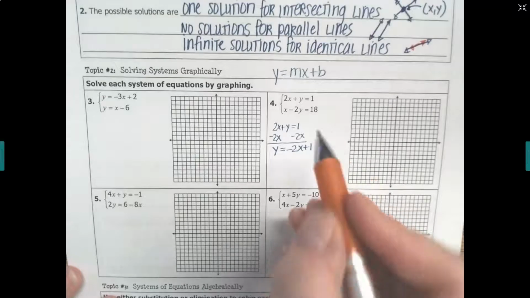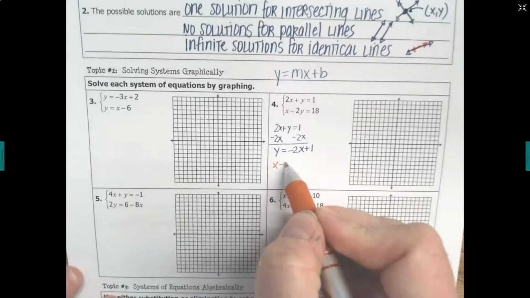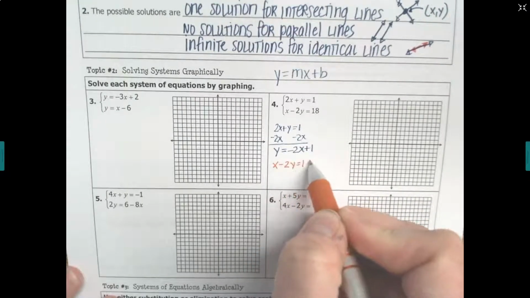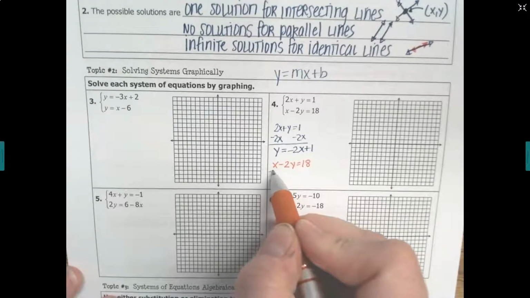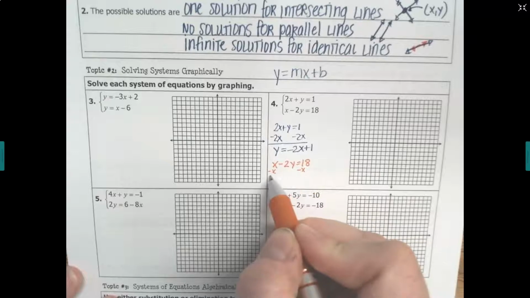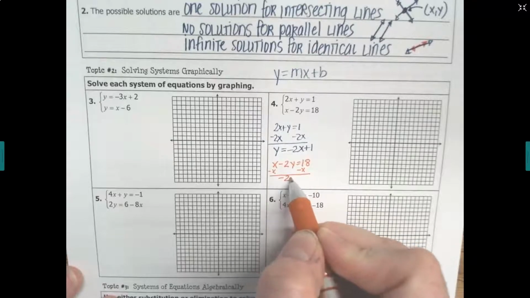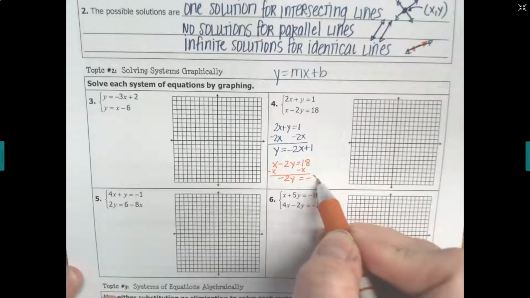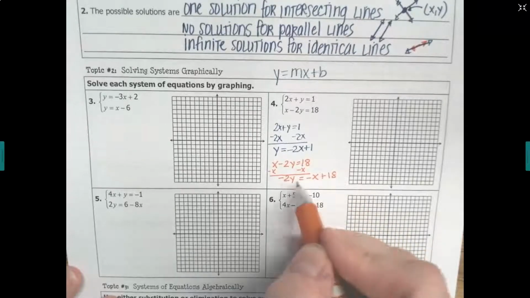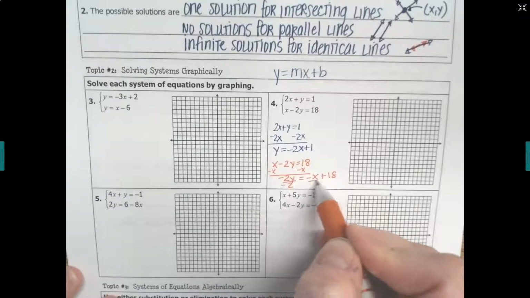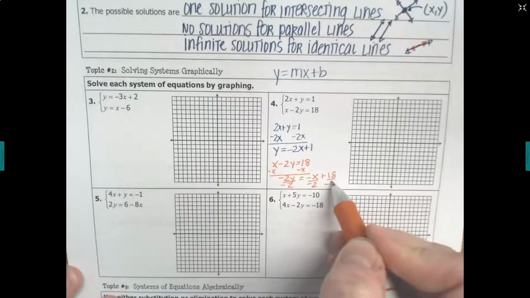Then for our second equation, x minus 2y equals 18. We're still solving for y, so subtract the x to get started. We have negative 2y equals negative x plus 18. Divide everything by negative 2.